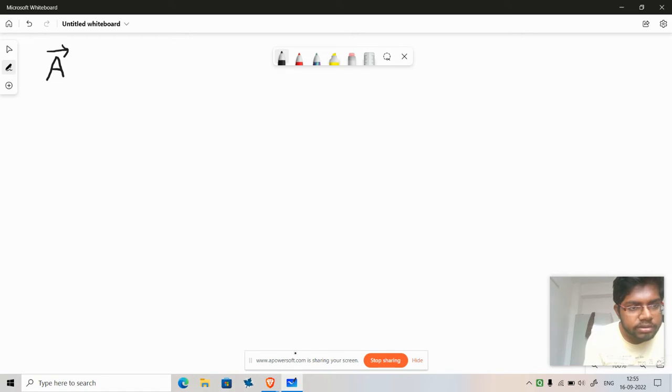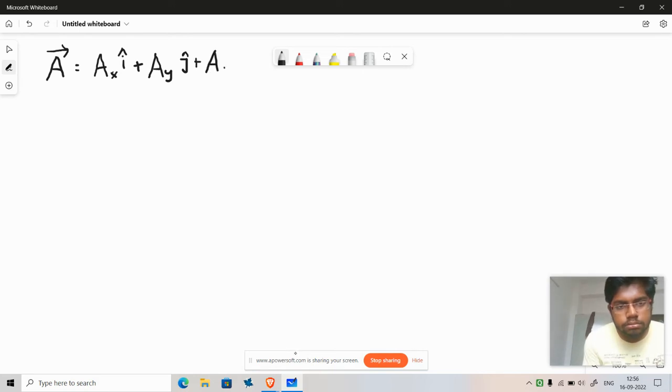Sorry for my handwriting, because I'm very new to digital writing on a pad. So this is a vector A. It has three components: ax, ay, and az.